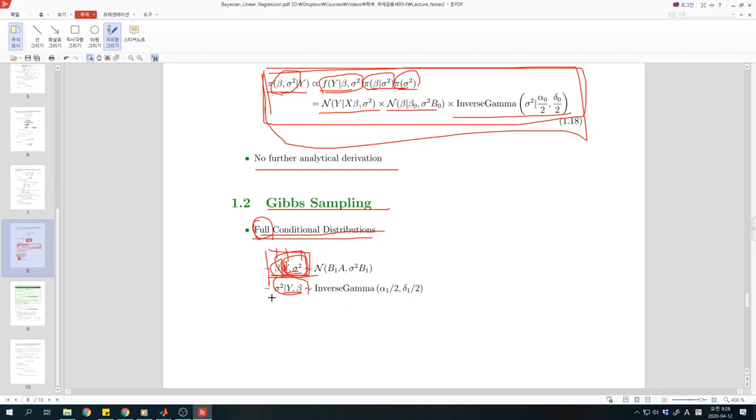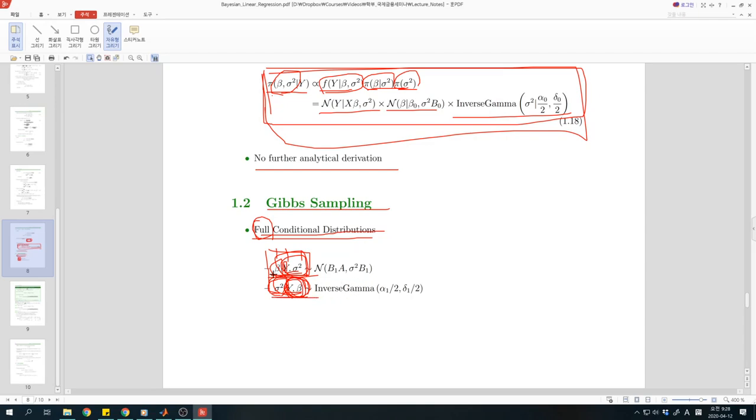And the same for this one: it is the full conditional distribution of sigma square, because all the other random variables are given. So that's why this is called the full conditional distribution.